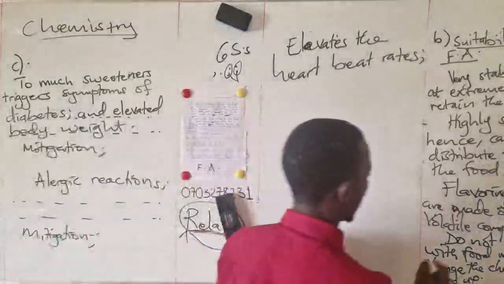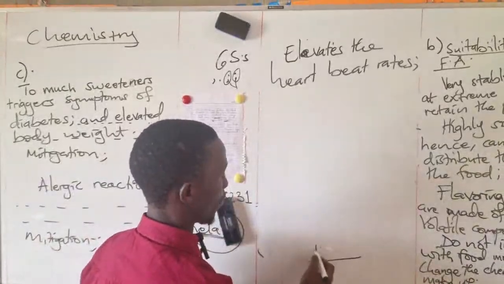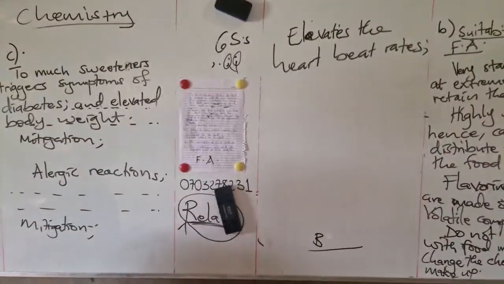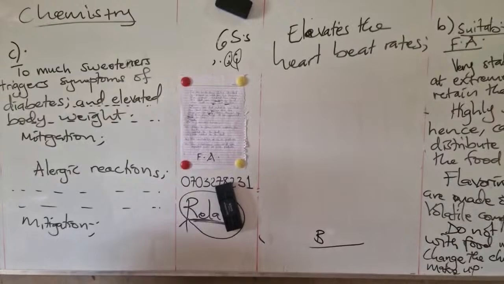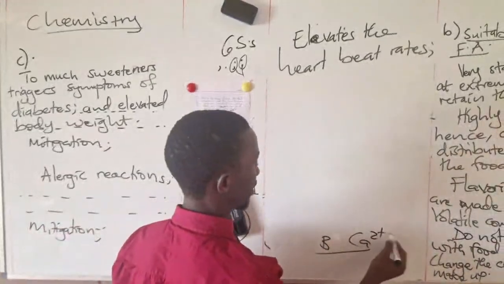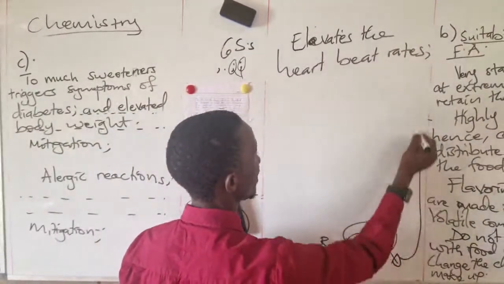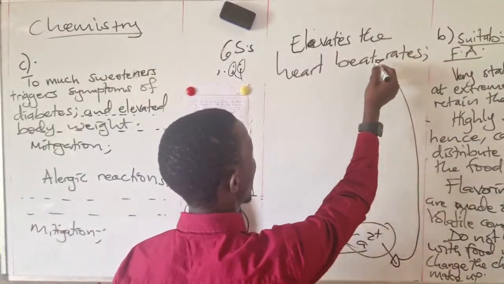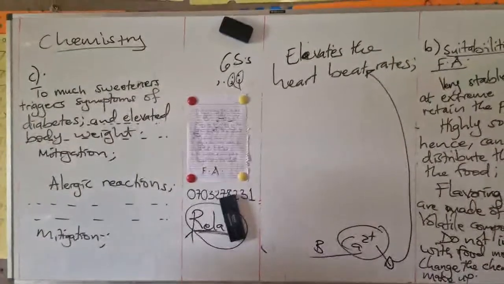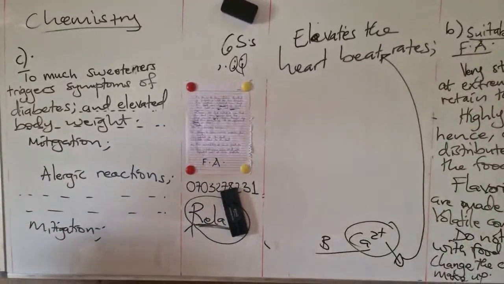This gelatin, we said it is an extract. We talked of gelatin somewhere. It is obtained from bones, the crushed bones. They use the bone powder to make gelatin that they use as a thickening agent. The gelatin is rich in calcium ions. There are some people, when the calcium intake increases, it leads to tachycardia, elevated heartbeat rate.